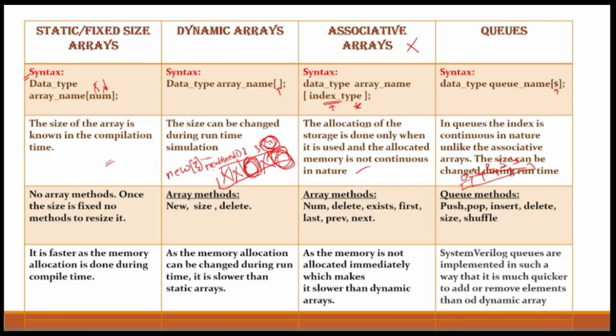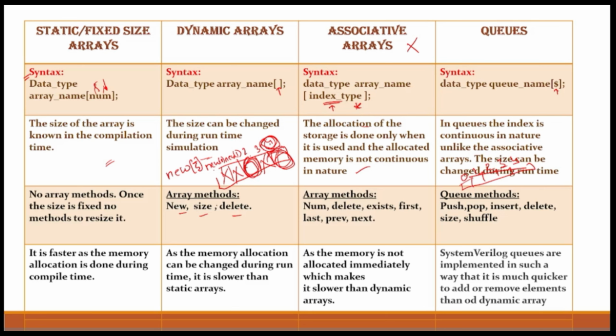Now array methods. Static arrays don't have any array methods, because once created, there is no change. Coming to dynamic arrays, they have some methods like new, in order to create a new size, and methods to know the size and to delete the array.